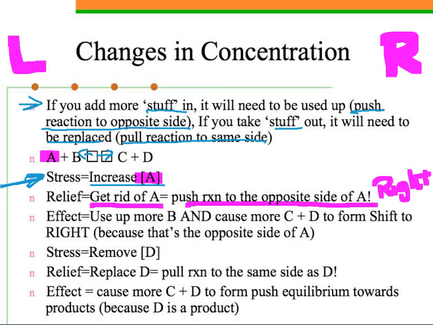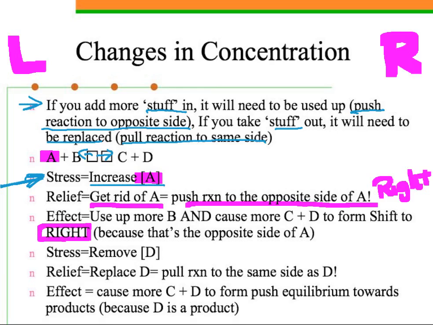If we increase the A, we need to get rid of it. So the reaction shifts all the way to the right. The effect of that is going to be to use up more B and cause more C and D to form. We're shifting again to the right because that's the opposite side of A.